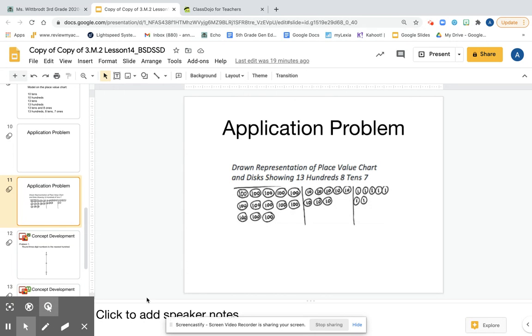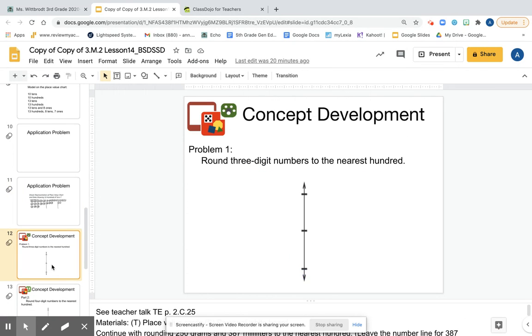Well, 13 hundreds, 8 tens, 7 ones, we're going to write down 13, and then that ends up going over into my thousands place. 8 tens, 7 ones. We could read this number as 1,387. So how does this relate to our number line?